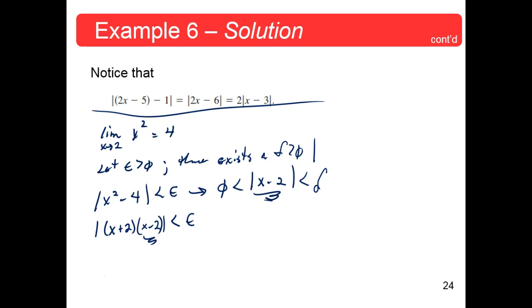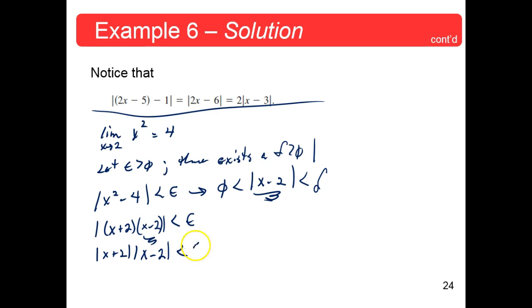You're interested in x close to 2, so the x minus 2 is what you're going to be interested in. And what you can also do is write this, absolute value of x plus 2 times the absolute value of x minus 2.